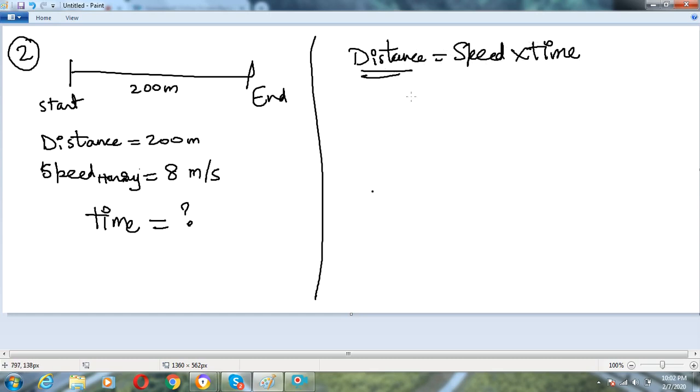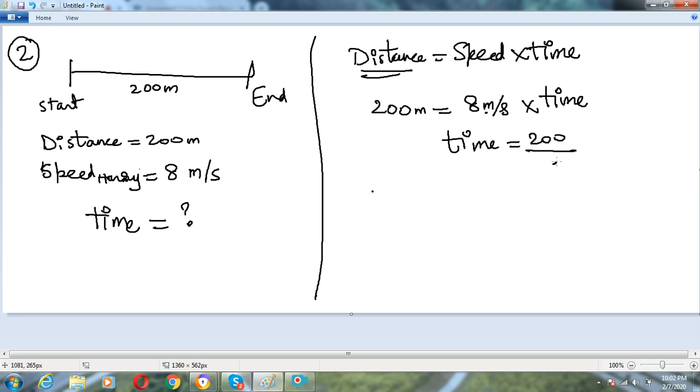So 200 meter equals 8 meter per second into time. So time will be 200 upon 8, meters upon meter per second. So meter gets cancelled. Second will come on top.